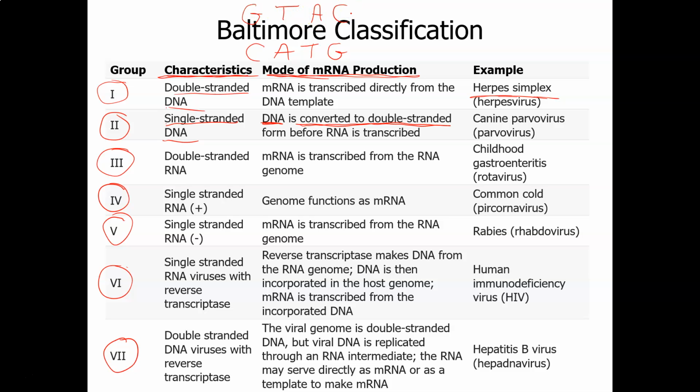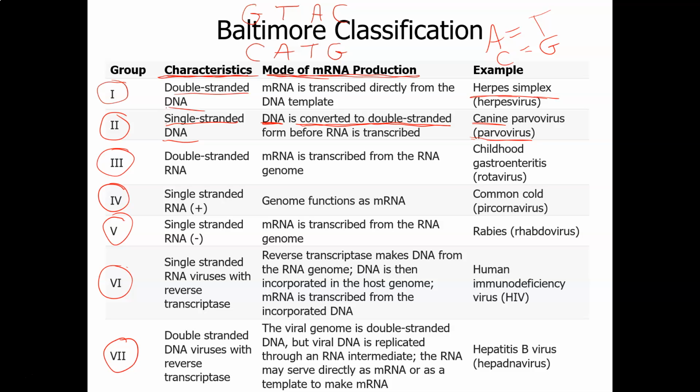Because if you remember, A's and T's are bonded together, and C's and G's are bonded together. The canine parvovirus is an example, which can cause parvo in dogs, which is very difficult to treat and often results in death, because they have diarrhea and they get dehydrated.